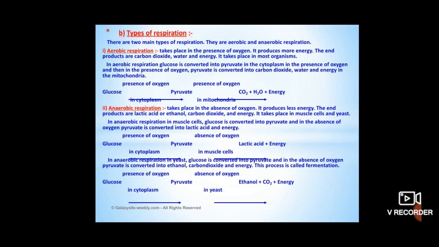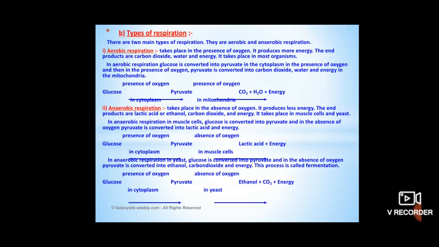As a result, the glucose breaks down in the absence of oxygen and produces lactic acid plus energy. Dear children, because of the accumulation of lactic acid, the cramping of muscles takes place. So pain in the muscles is because of lactic acid.